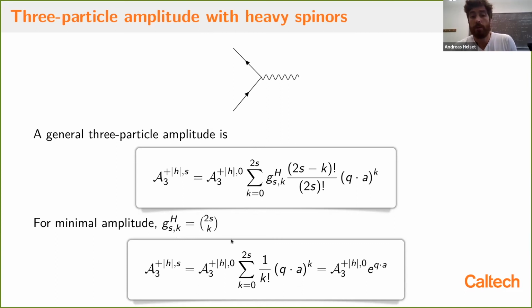And if you just plug it in, you'll see that a bunch of these factorials cancel, and we're left with this 1 over k factorial (q dot a)^k, which is nothing but an exponential. So for these minimal amplitudes, all the spin dependence exponentiates like so. That's a very nice feature, and very interesting.